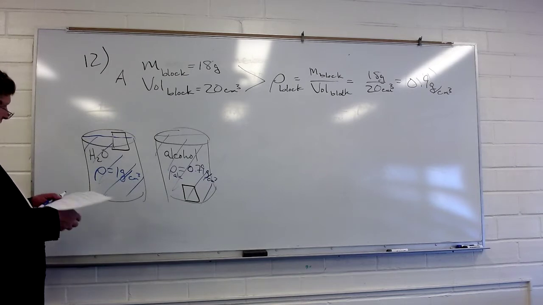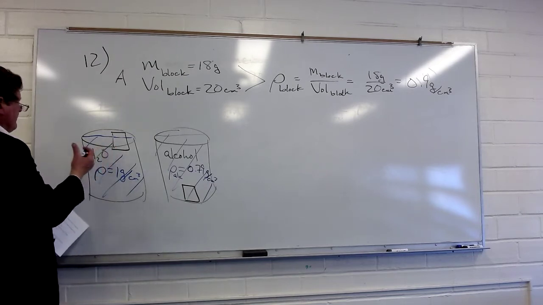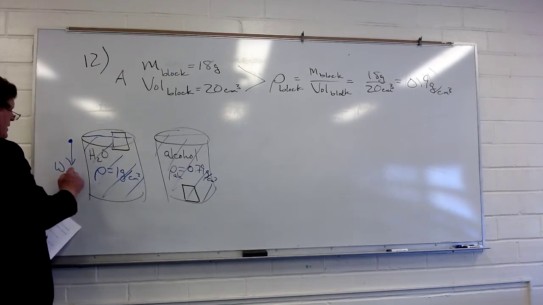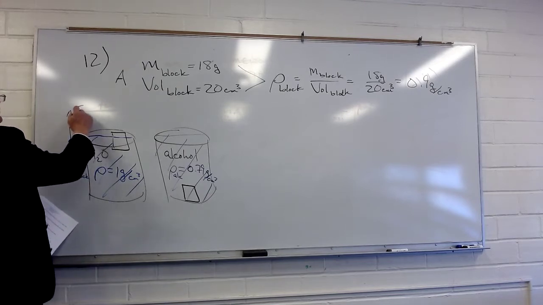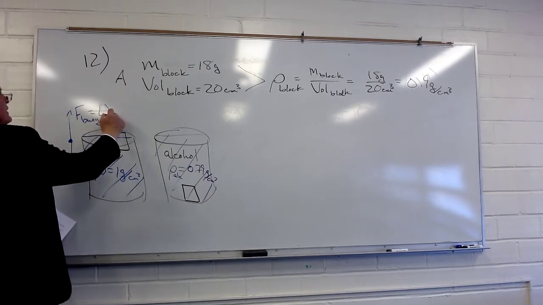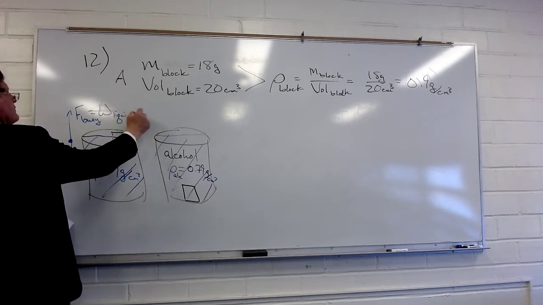Well, when something floats, there's only two forces on it. There's the weight force, the earth acting on the block, and this buoyant force, which is equal to the weight of the liquid displaced.